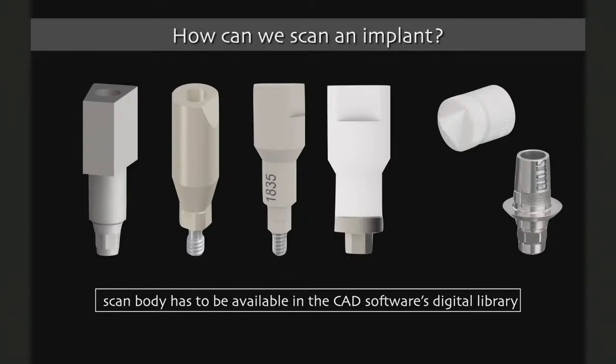Is the scan body geometry available in his software? Because it already happened to me that I took an intraoral scan with a scan body, and then the dental technician called me and said, unfortunately, I don't have the scan body available in my software. So I had to redo it. So we were completely lost.